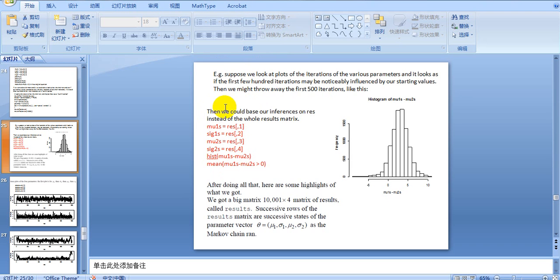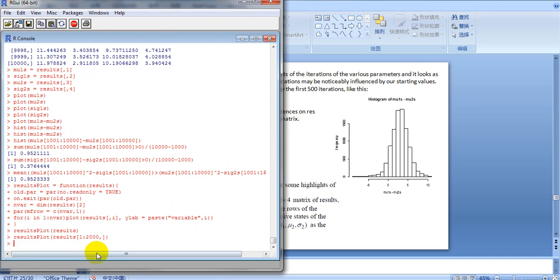We could rename our matrix called RES instead of the whole result matrix. So the RES, I believe, is simply RES equals results, where you just throw away the first 1,000 columns of all 500 columns.